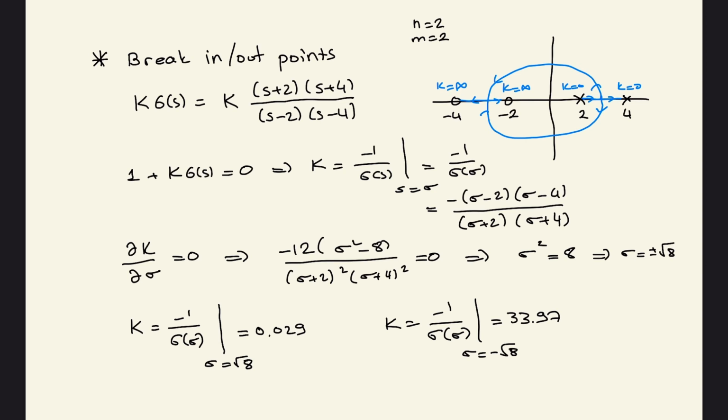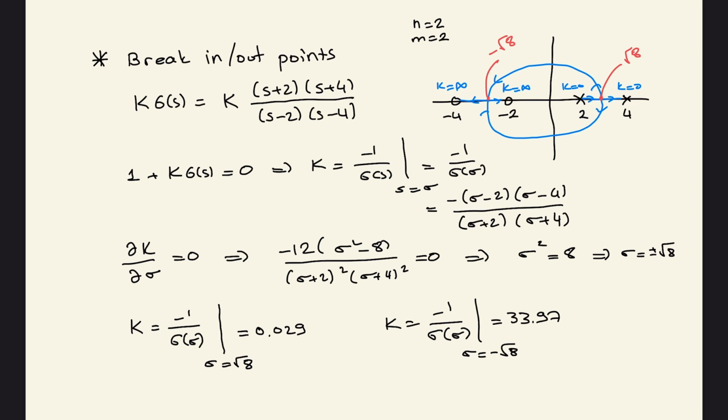So in other words, this point is exactly square root of 8 and this point is exactly minus square root of 8. But we would like to get a value of gain k when we are at this point.